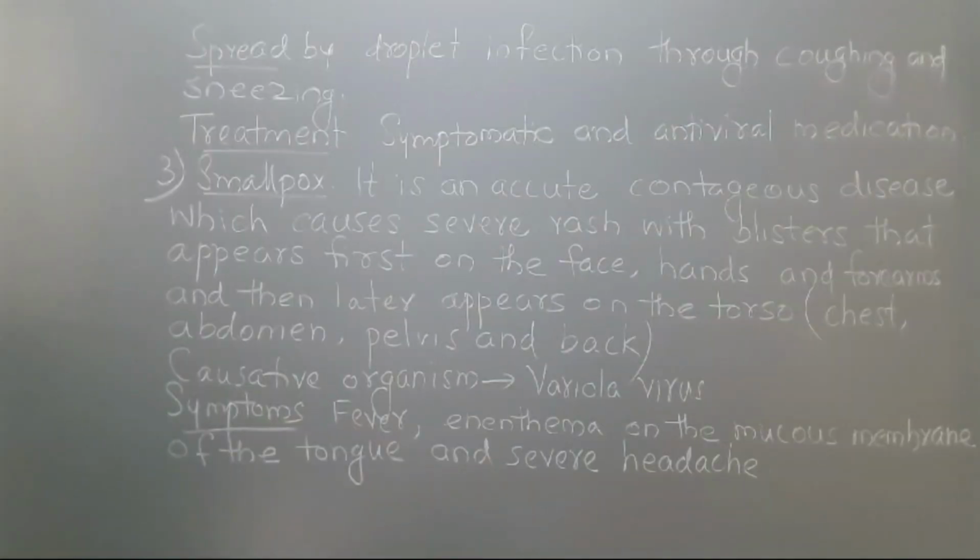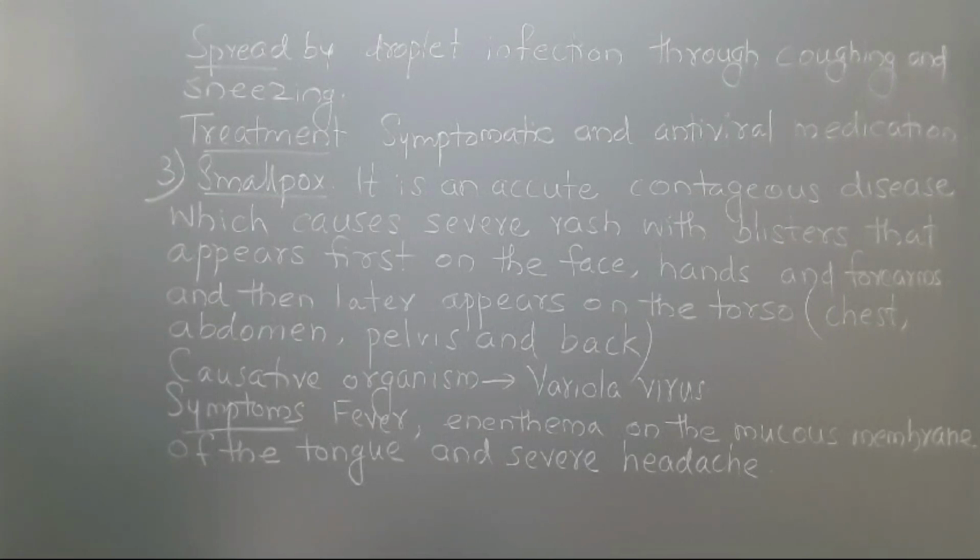How is chickenpox spread? It is spread by droplet infection through coughing and sneezing. When an infected person coughs or sneezes, by their droplets this infection is spread from an infected person to a healthy person.